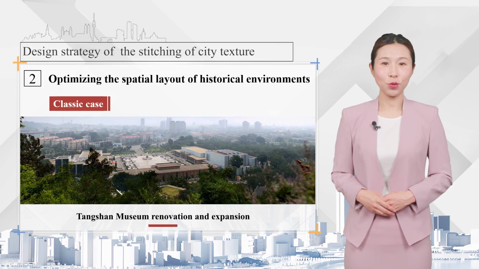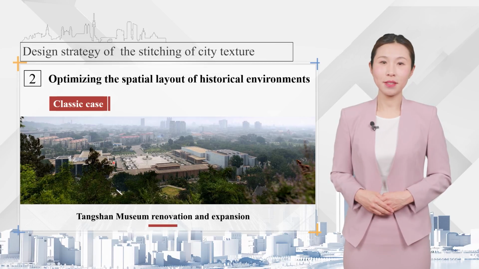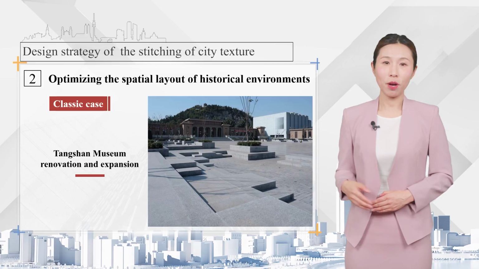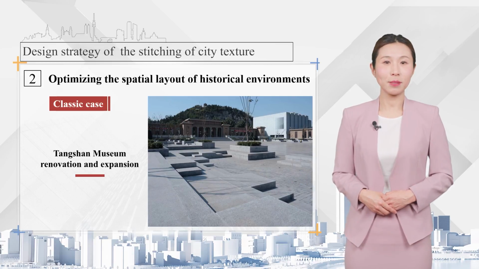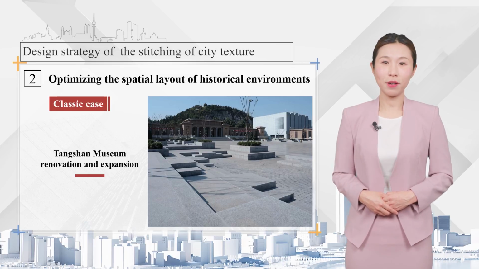It did not destroy the existing visual relationship between the old building and the background mountain, thus preserving the citizens' memory of the city. Tangshan Museum is a project interpreting the spatial order and historic texture in the historic environment.